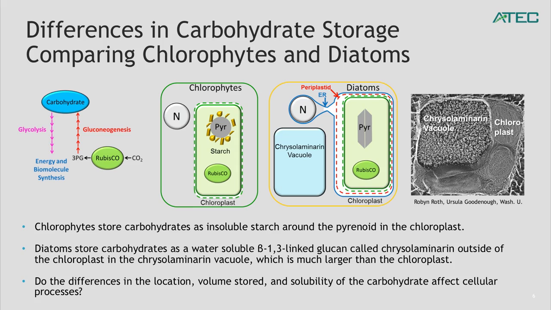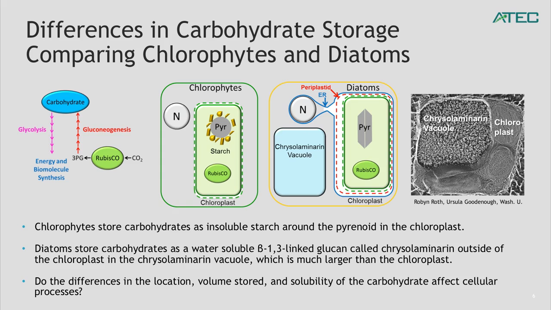And rather than storing starch, they link the sugar molecules together differently in what's called a beta-1,3 linked glucan called chrysolaminarin. And just to give you an idea of the size in which they can store this material, on the far right is a cutaway view of a diatom cell showing the size of the chrysolaminarin vacuole relative to the chloroplast.